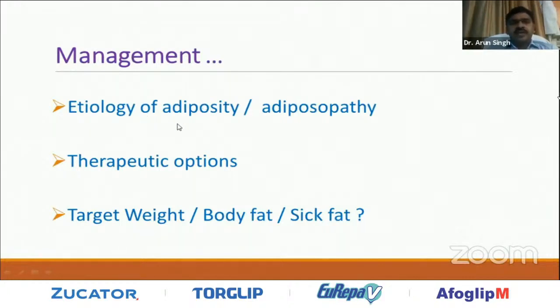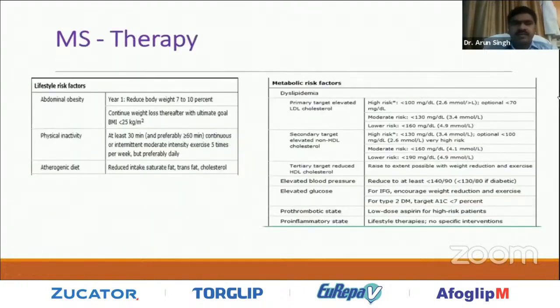So definitely management depends on understanding the etiology of adiposity and adiposopathy and therapeutic options, and what should we target? Should we target weight, body fat, or sick fat, that is adipocyte dysfunction? What we have been doing till now, based on the concept of metabolic syndrome, is targeting different components of metabolic syndrome.